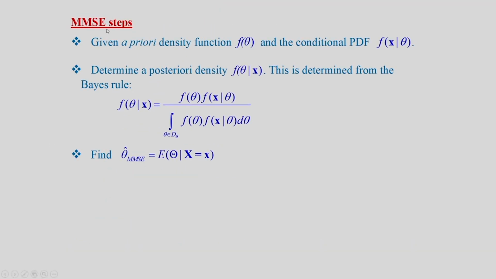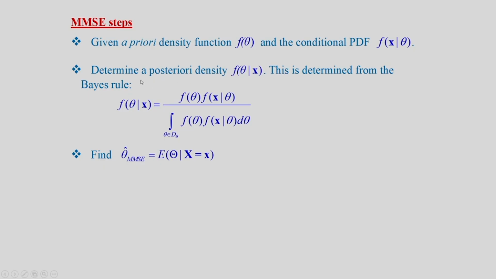So, we can find the MMSE estimator in the following steps. Given the a priori density function f of theta and the conditional PDF f of x given theta, determine the a posteriori PDF f of theta given x.